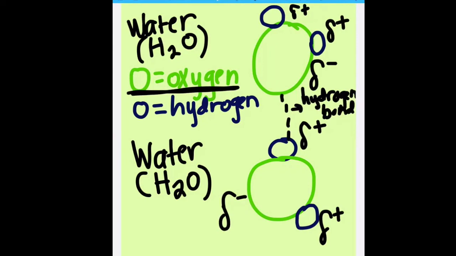The oxygen and hydrogen bond within the water molecules, so this bond, the hydrogen and oxygen bond within the water molecule, is a covalent bond. So I'll just label that over here.